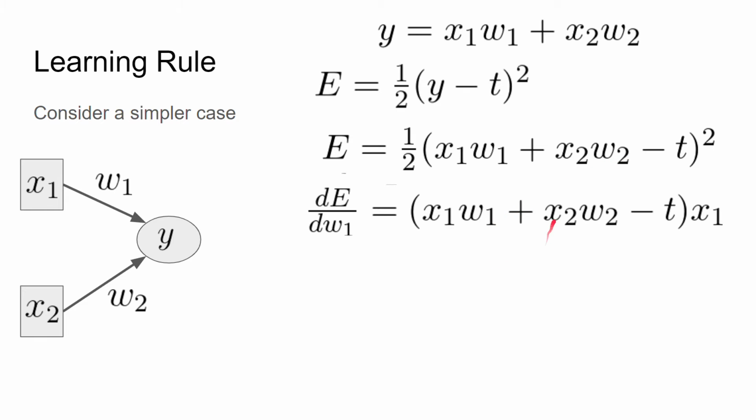Then I multiply that by the derivative of what's inside the parentheses with respect to the variable. The derivative of that with respect to W1 is x1. The derivative of that with respect to W1 is 0, and of that is 0. So this x1 is the derivative of this thing with respect to W1. So that's the derivative of my error with respect to W1.